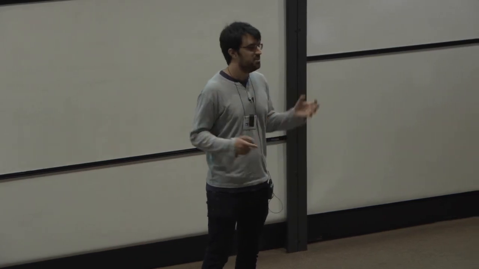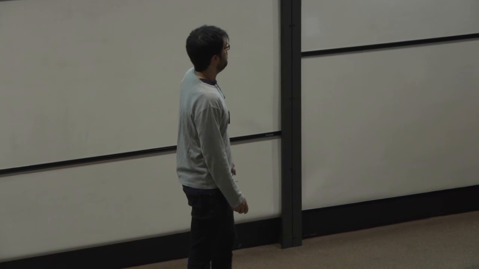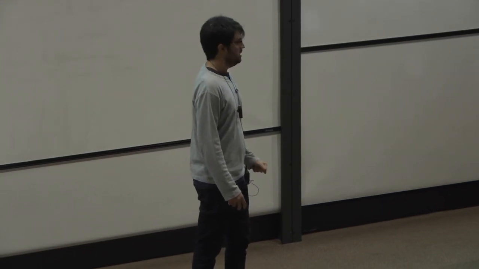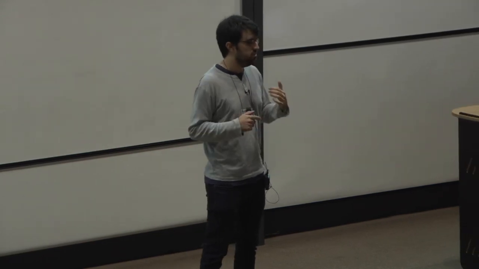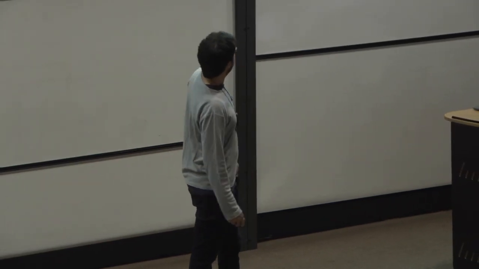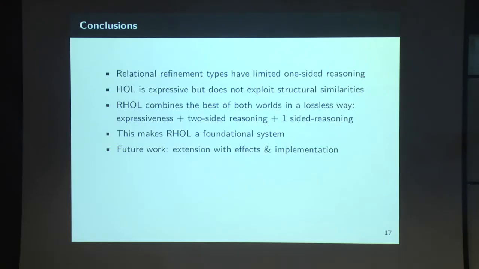And HOL is also a very expressive logic, but it fails to exploit these structural similarities. And what we've achieved is that we combine, in some way, the best of these two systems in our RHOL. So we have all the expressiveness of HOL. We have two-sided reasoning, as in refinement types, but we also have one-sided reasoning. And we do not lose anything at all because of the equivalence theorem.